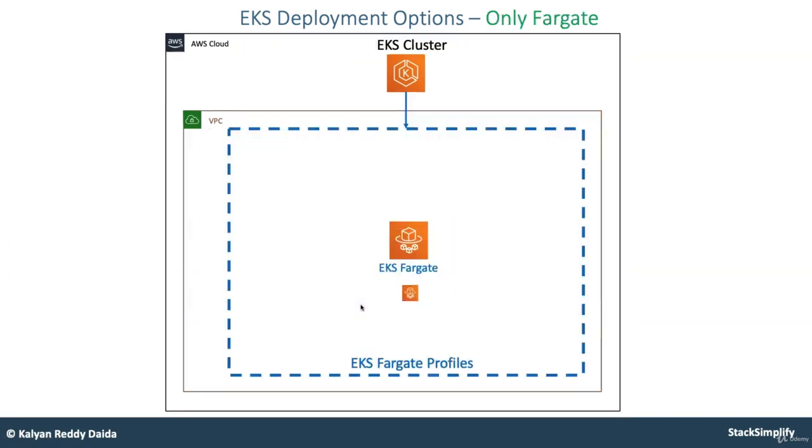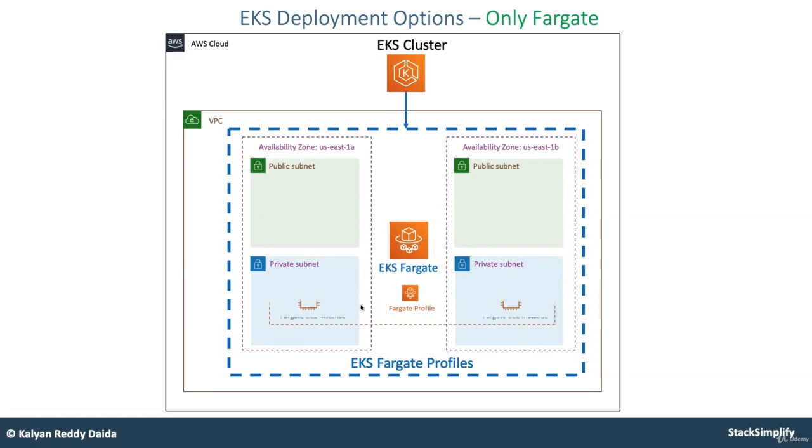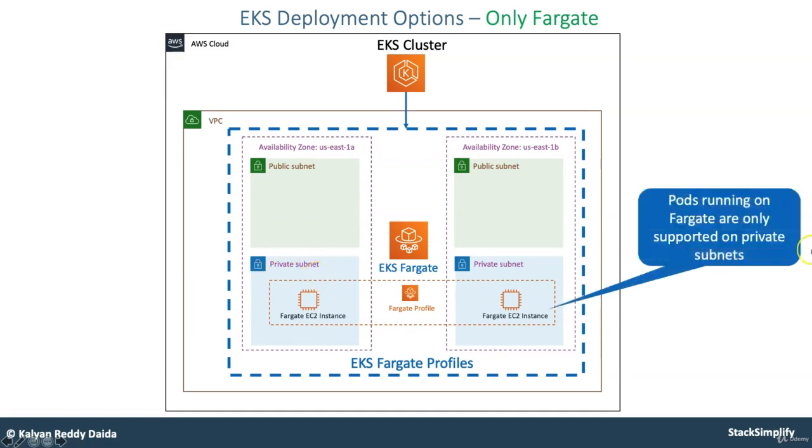In Fargate mode, our respective Fargate profiles get created only inside private subnets. Pods running on Fargate are only supported on private subnets. So whenever you have an EKS cluster and want to deploy your loads on Fargate, at least one private subnet should be there to create your Fargate profiles.